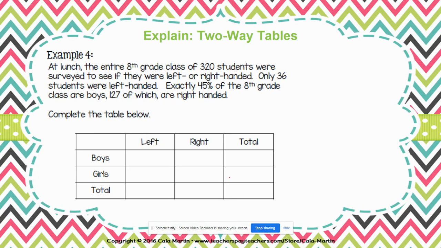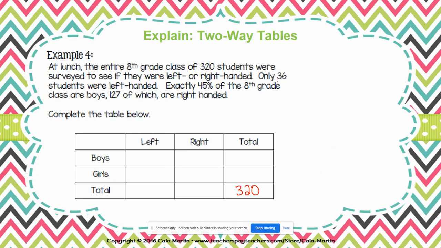So right there, it tells me the entire class was surveyed and there were 320 students in that class. That means I know by looking at my table, they're breaking this data up into boys or girls and left or right-handed. But I know that out of everybody surveyed, that total number is going to be 320. So that's going to come down here.